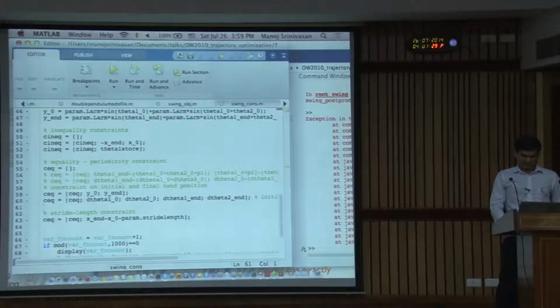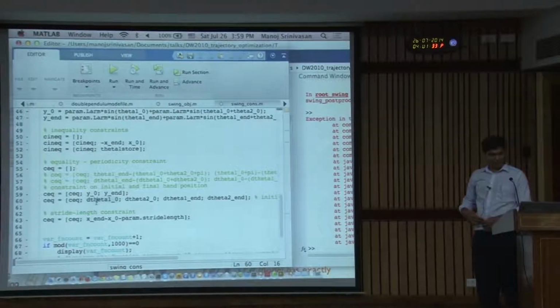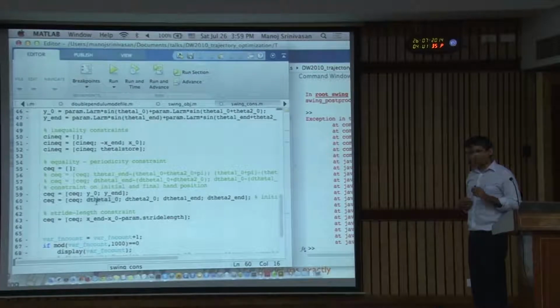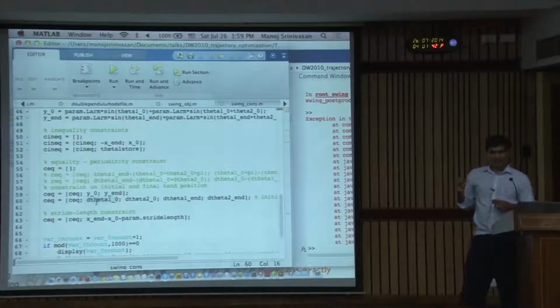Of course, some of these are linear constraints, right? Because they are linear constraints of your unknowns. For instance, theta 1 dot and theta 2 dot are part of your initial set of unknowns. So you could just make them equal to 0, or set the lower bound and upper bound of those variables equal to 0, making that an equality constraint as well.